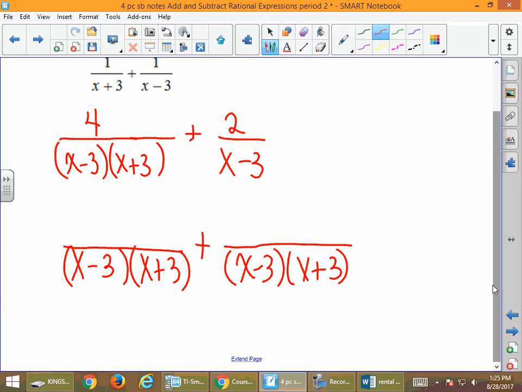Well, we didn't put anything into the denominator in the left-hand fraction, so it's going to remain the same. But we did put something into the denominator of our right-hand fraction. We had an x minus 3, we put into it an x plus 3.